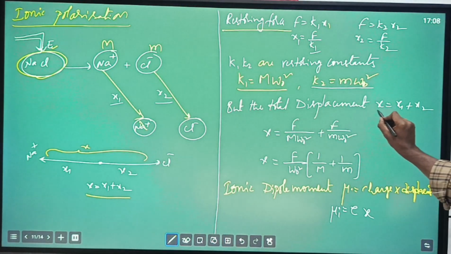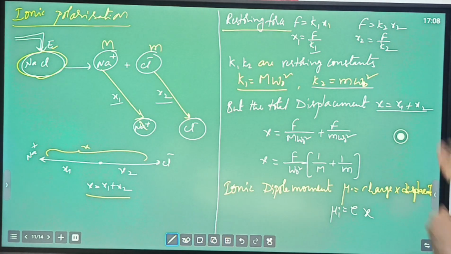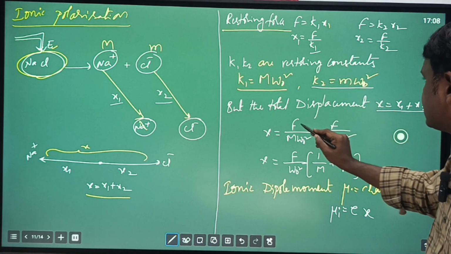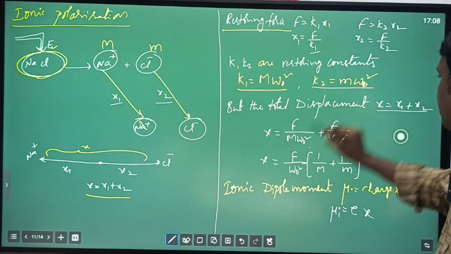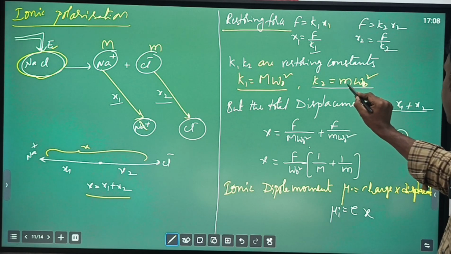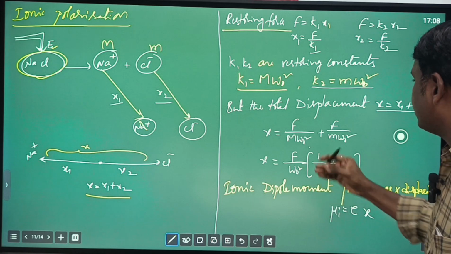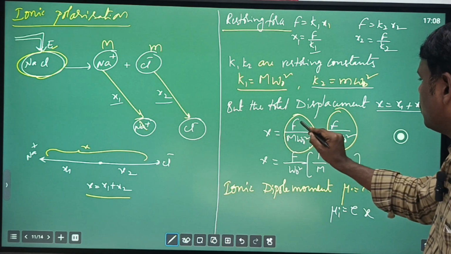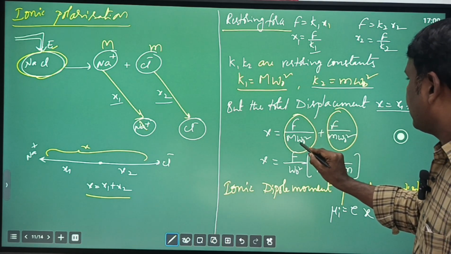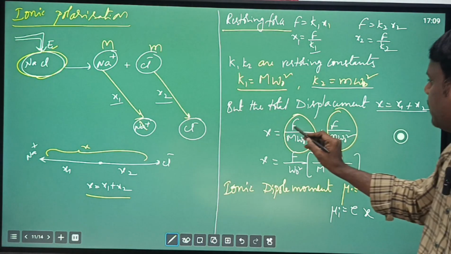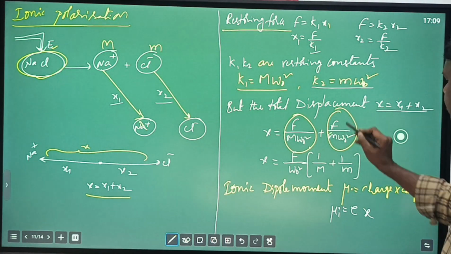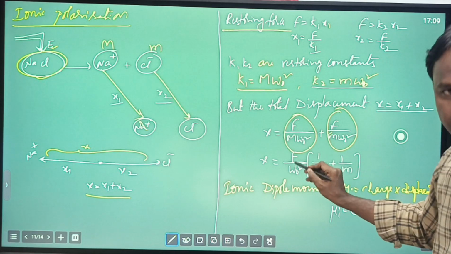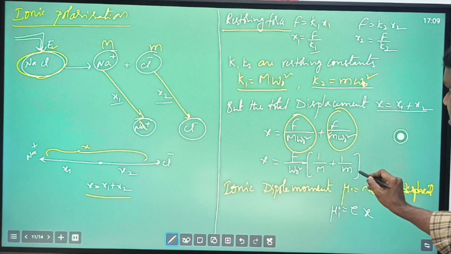But the total displacement, we know x = x1 + x2, and we substitute the values of x1 and x2 in this formula. x = F/K1 + F/K2, that means x = F/(M ω0²) + F/(m ω0²). Taking F/ω0² common, x = F/ω0² × (1/M + 1/m).